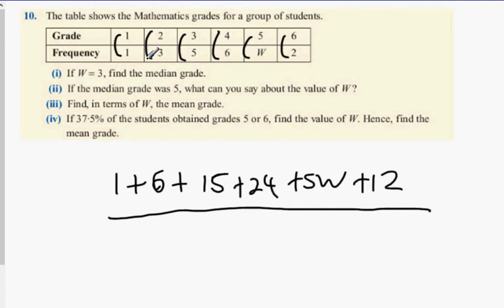That is 16 plus W. Sorry, I'm missing this here somewhere. 22. It's 22, isn't it? 4, 10, 15, 17, 17 plus W. Oh yeah, I'm right, because W was 3 earlier and that turned it into 20.